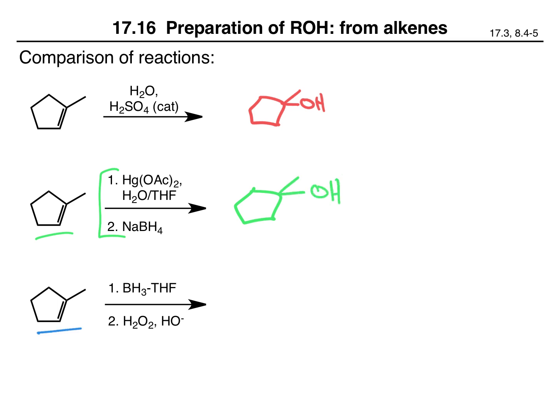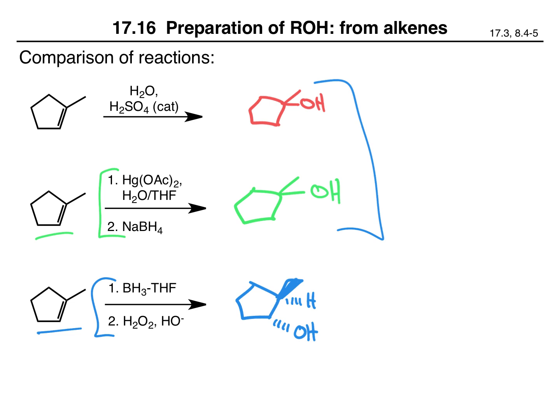And finally, same starting material, if we carry out hydroboration oxidation, this one will give us non-Markovnikov syn addition of H and OH across the double bond. So it is the opposite regiochemistry compared to our top two products.